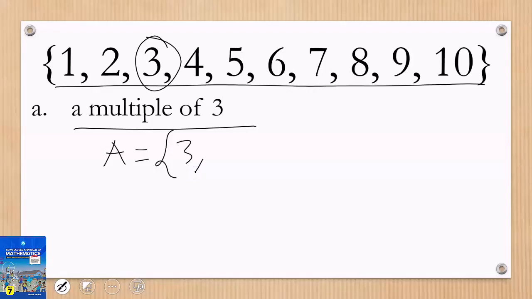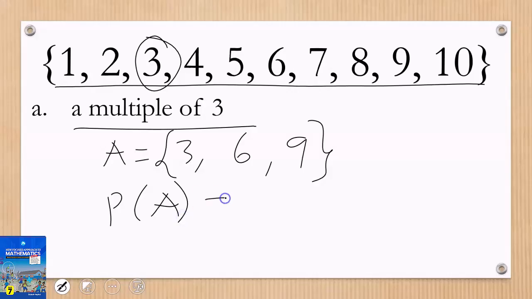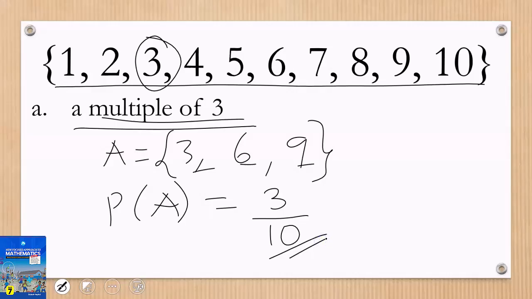We have 3, we have 6, we have 9. These are the multiples of 3 in the set given. So the probability of this particular event A, the multiple of 3, becomes 3, because we have 3 numbers here, over the sample space, which is 10. So in this case, the answer becomes 3 over 10.